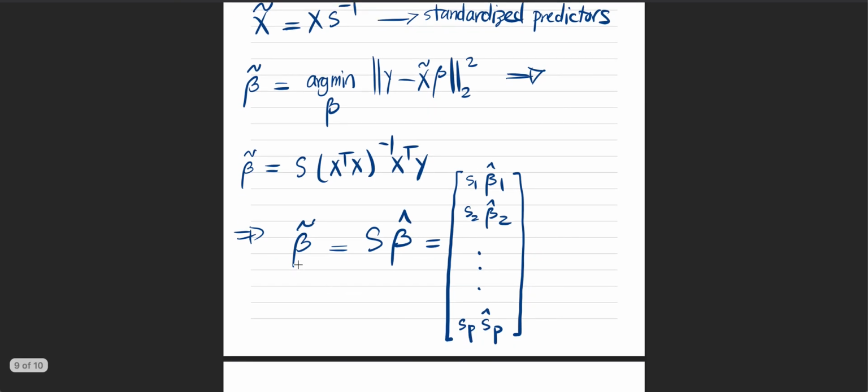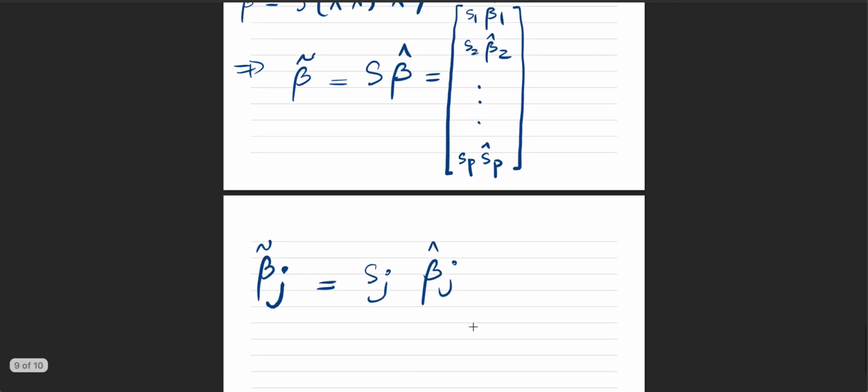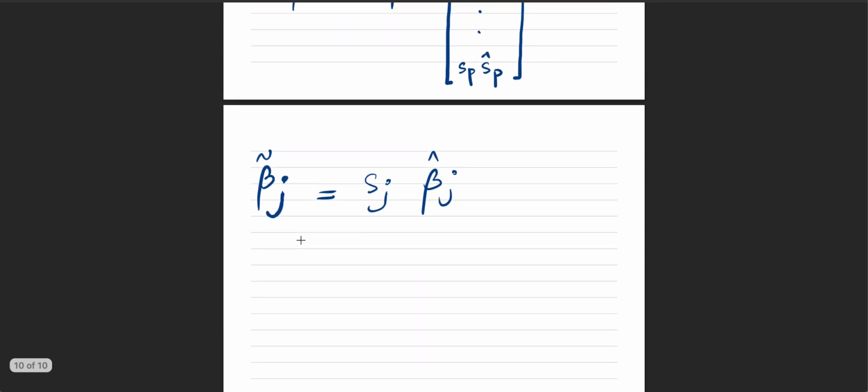So the coefficients that you would get after fitting a linear regression model to standardized predictors are the same coefficients that you would get from the unstandardized predictors times their corresponding standard deviations. In other words, to get the standardized coefficients, you simply multiply by the corresponding standard deviation.